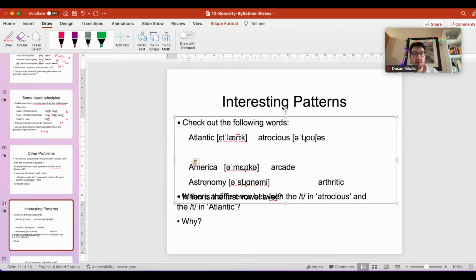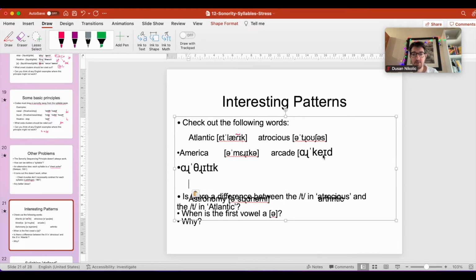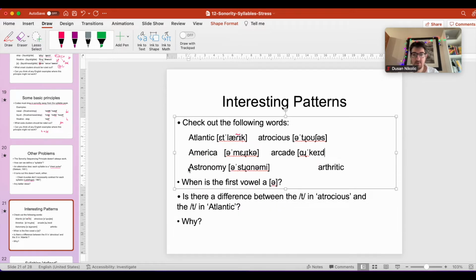Arcade, right? I'll copy both of these. Arcade and arthritic. Sorry for the mess. Right, and arthritic. Okay, should work.